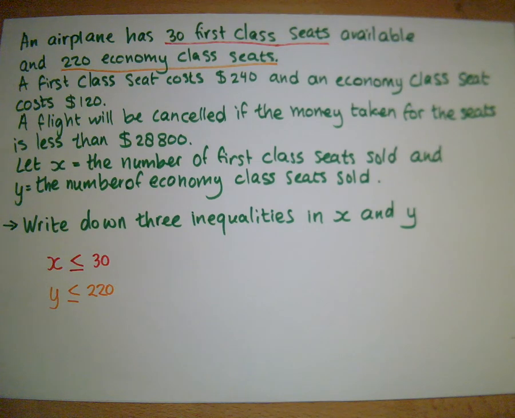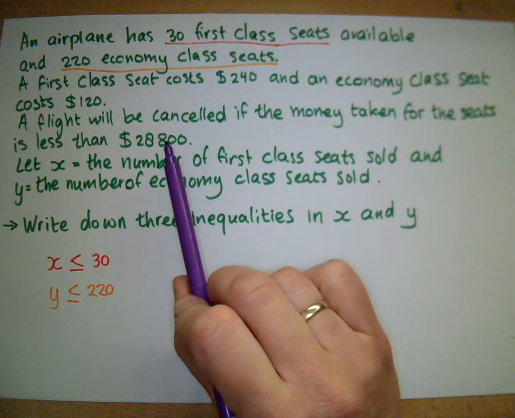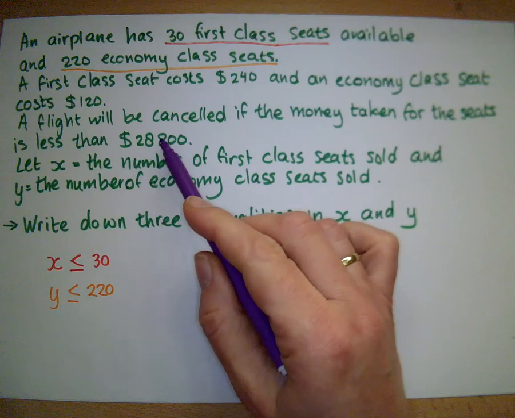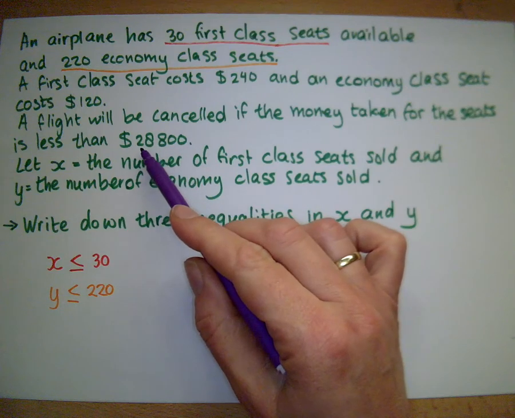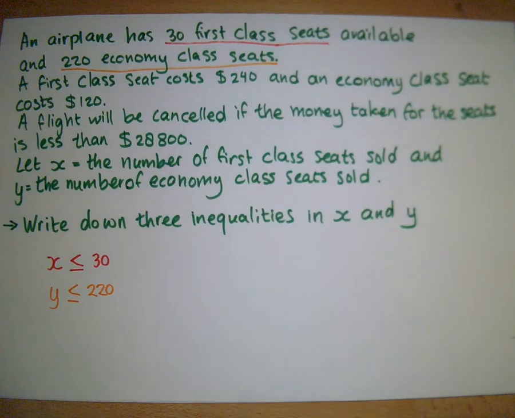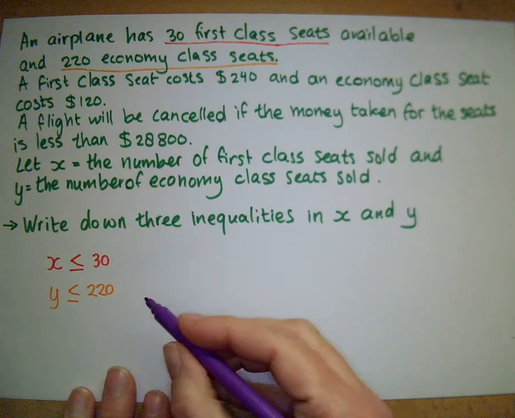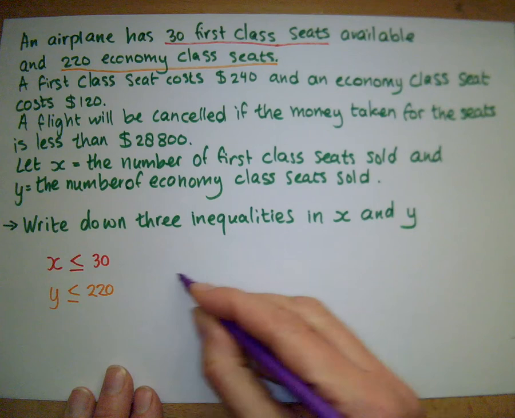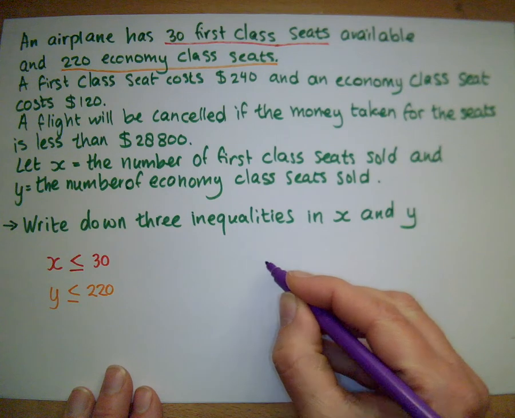So the information about what the seats cost and what we want the costs to be, at least 28,800, we're going to put that into one equation. So let's see. Here we're going to add the seats together.